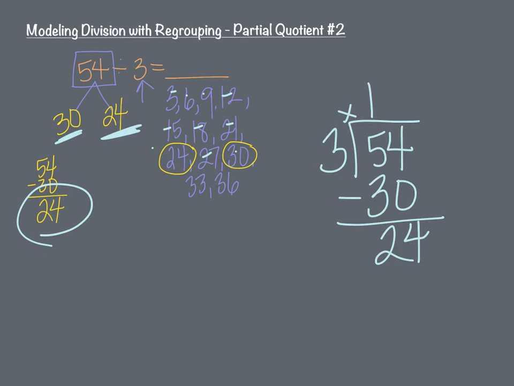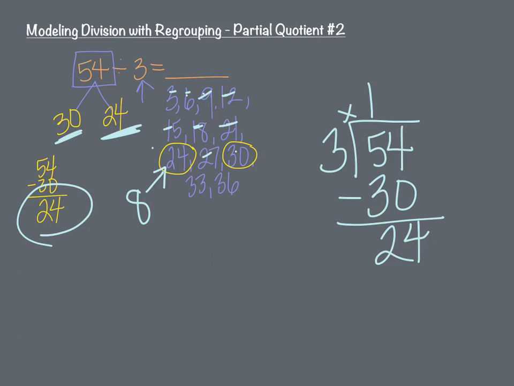So now I have to figure out how many times 3 goes into 24. And since I already used my multiples of 3 and I skip counted, I see automatically there's the 24 circled. But I have to figure out how many times that is. So let's go back and count. 1, 2, 3, 4, 5, 6, 7. How many times? Yes, 8 times. So the 8, where does the 8 go?